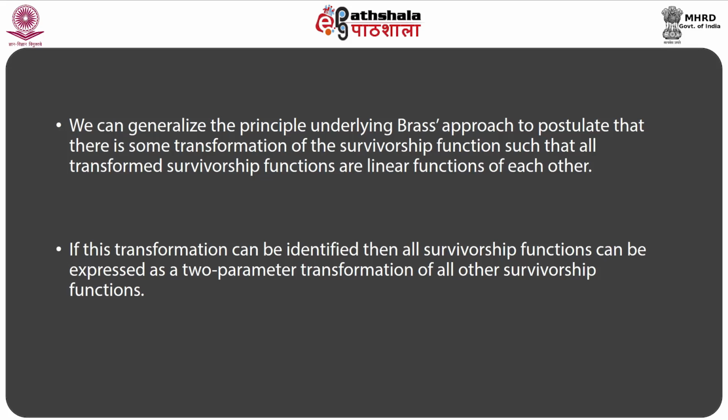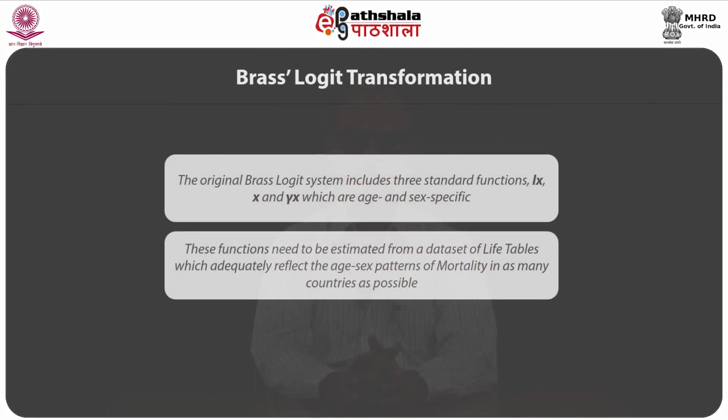If this transformation can be identified, then all survivorship functions can be expressed as a two-parameter transformation of all other survivorship functions. The transformation selected to modify the original Brass-Logit system includes three standard functions, small lx, x and mu x, which are age and sex specific but invariant across population.